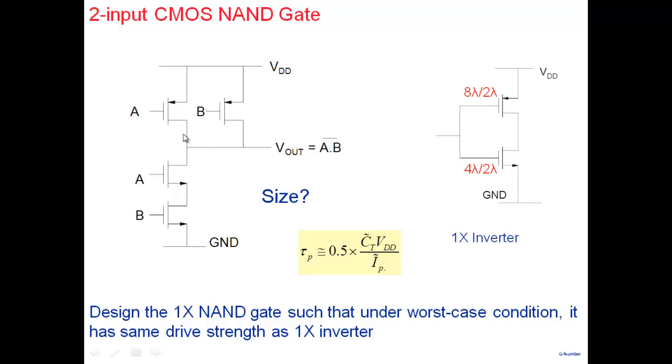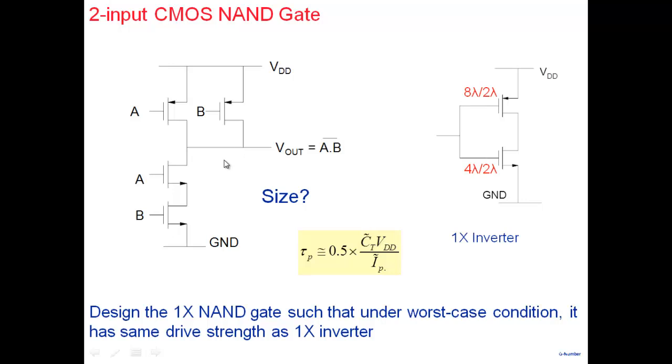But more commonly, either A is charging or B is charging. Both inputs switching simultaneously is a much rarer event, unless you tie them together for some reason. Otherwise, it's rare that both of them are switching at the same time and in the same direction, 0 to 1 or 1 to 0.